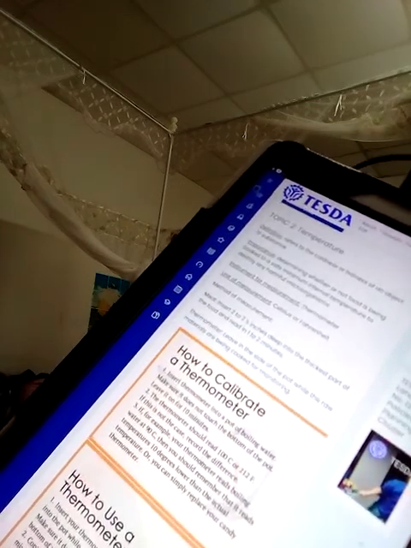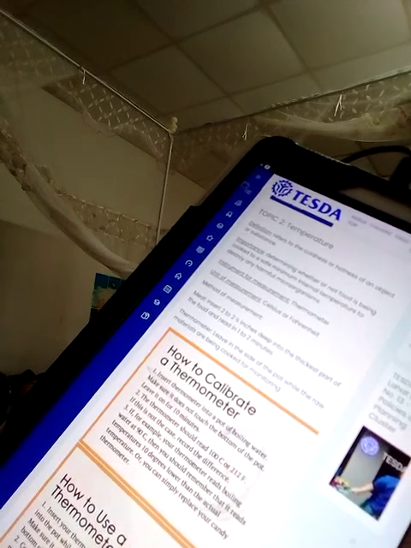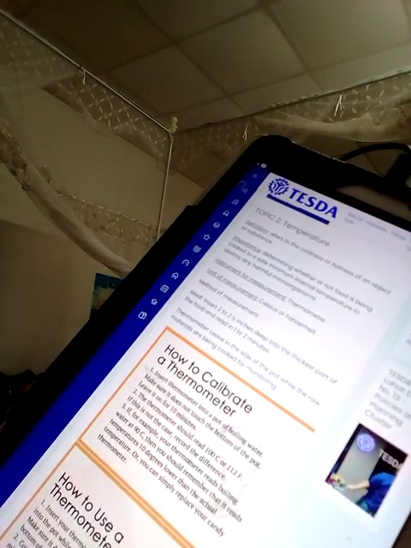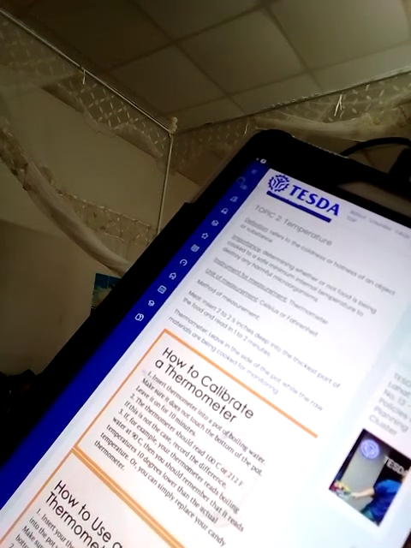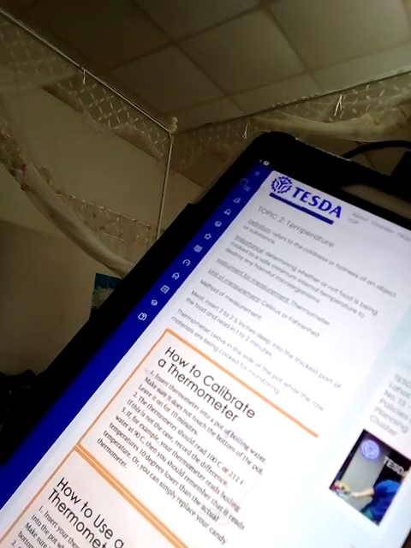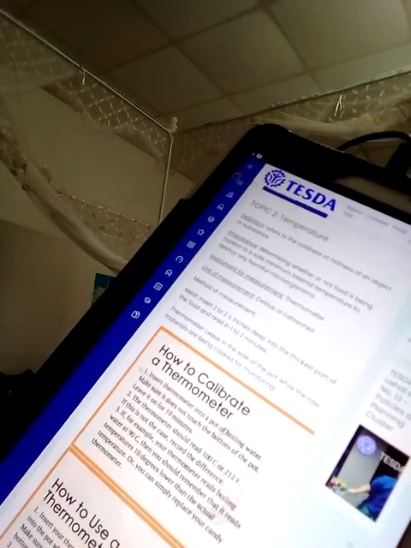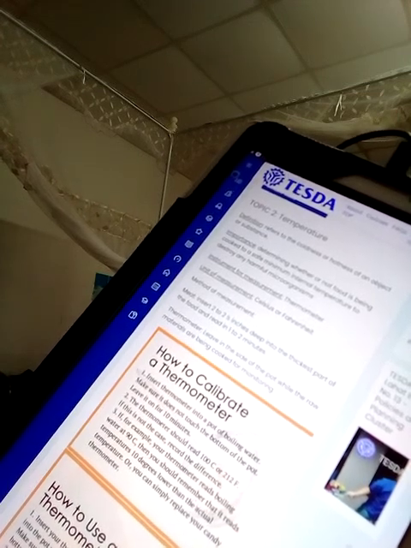How to calibrate the thermometer? Insert the thermometer into the pot of boiling water. Make sure it does not touch the bottom of the pot. Leave it on for 10 minutes. The thermometer should read 100 Celsius or 212 Fahrenheit.